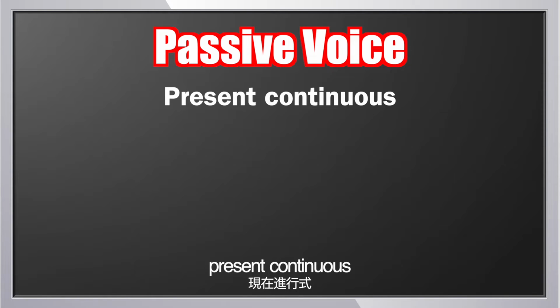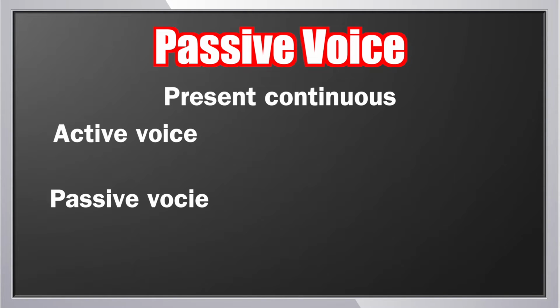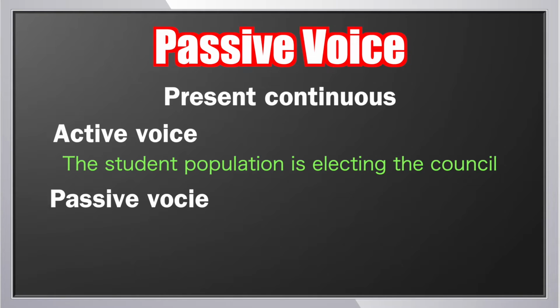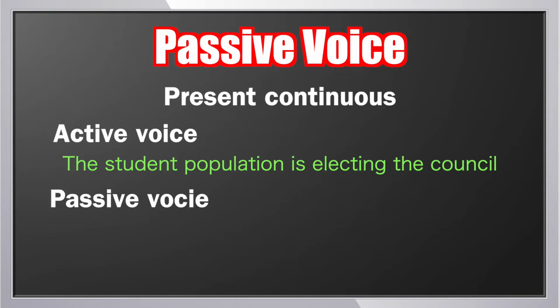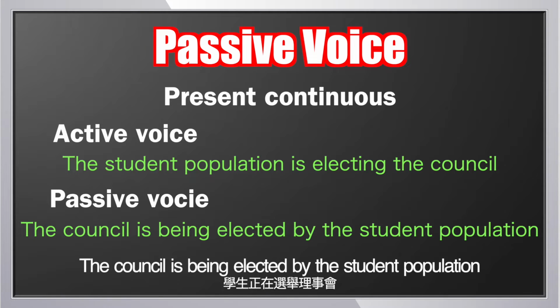Present continuous. Active voice. The student population is electing the council. The passive voice is, the council is being elected by the student population.